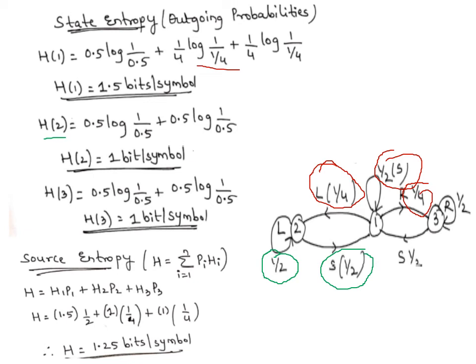We get H2 as 1 bit per symbol. So H of 3, the outgoing probabilities at state 3 are 1 by 2 and 1 by 2. So the equation is similar to H of 2. Therefore H of 3 is 1 bit per symbol.